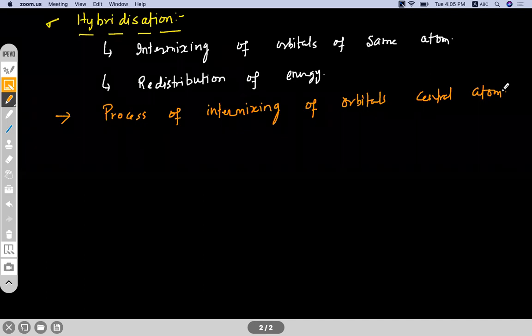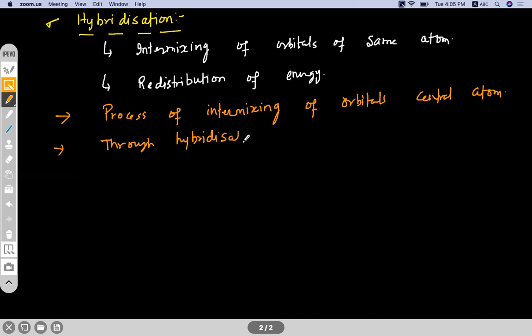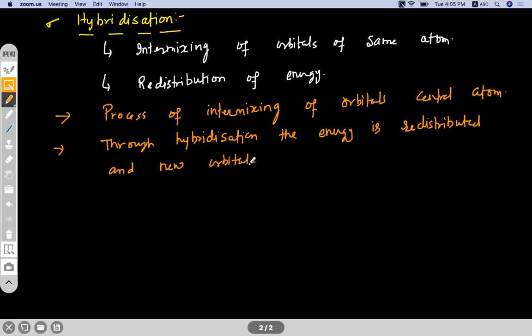Write down, through hybridization, the energy is redistributed and new orbitals are formed, which are called hybrid orbitals.